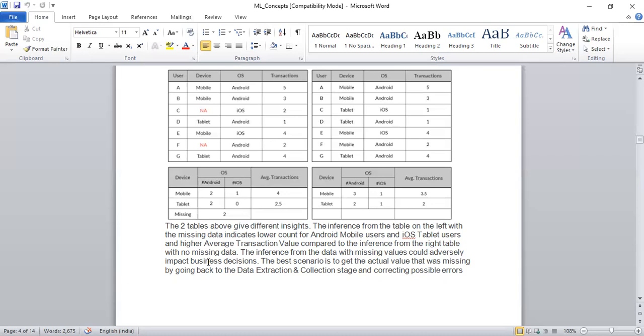In this way, look at the average transaction. So this is 5 plus 3, 8, so 8 by 2 because 2 Android devices are used. Just wait, we have to compute all. Tablet iOS is 0.